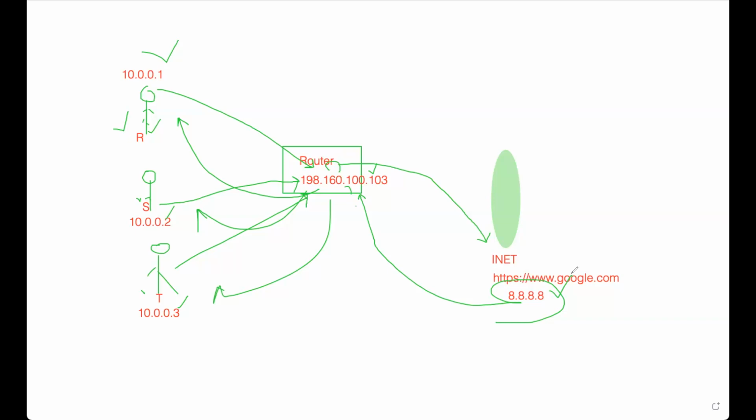Tell me, how is the destination port identified in a communication? Anyone?